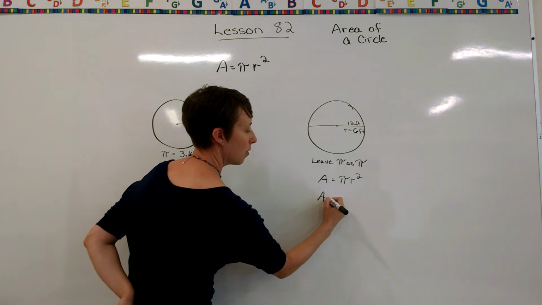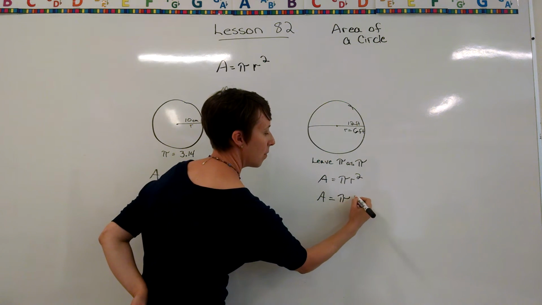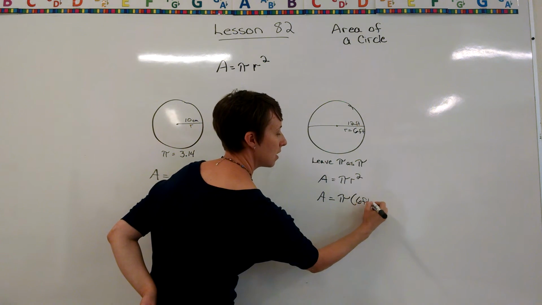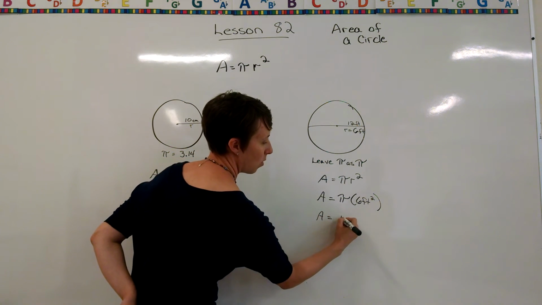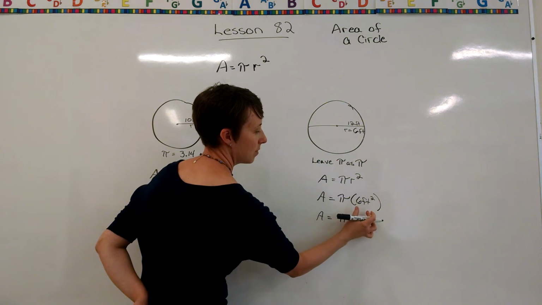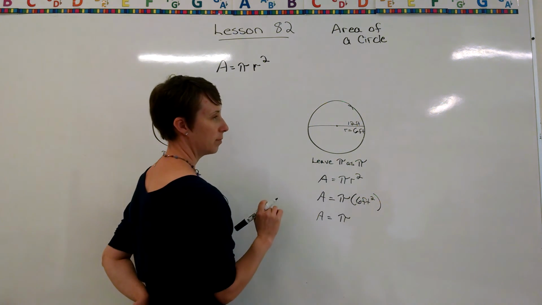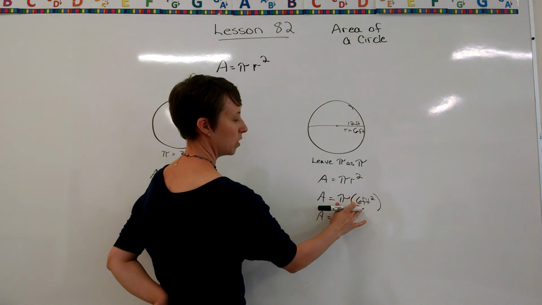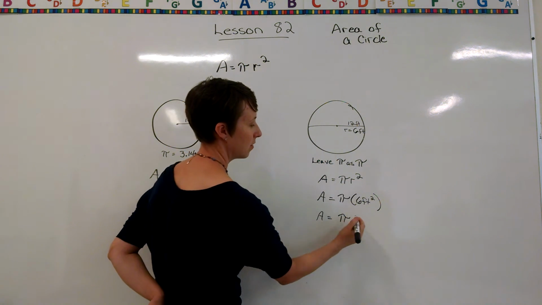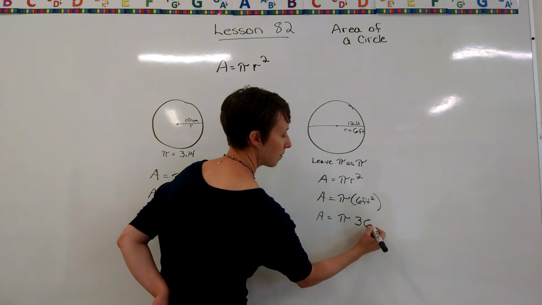So let's rewrite our problem with the information we have. Pi times 6 feet squared. So my area is going to equal pi times 6 squared. 6 squared would be 6 times 6. When we square a number, it's times itself twice, which is 36.